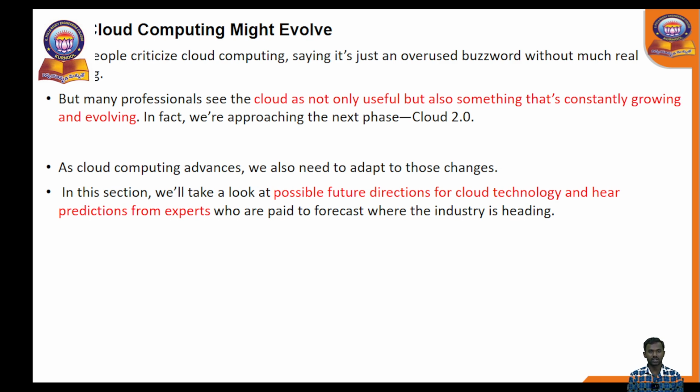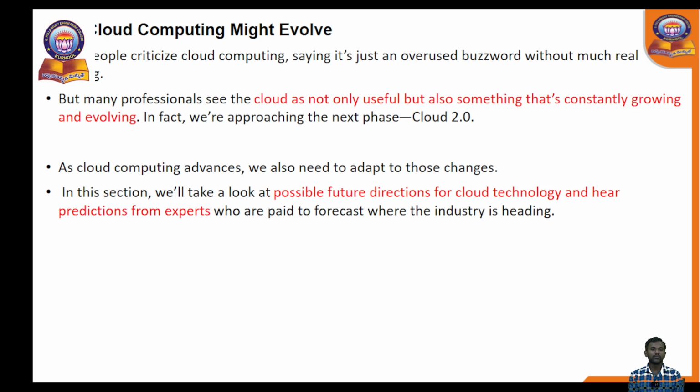That is the professionals. Many professionals say that the cloud is not only useful but also something constantly growing and evolving. In fact, we are moving to the next phase of cloud, that is cloud 2.0.